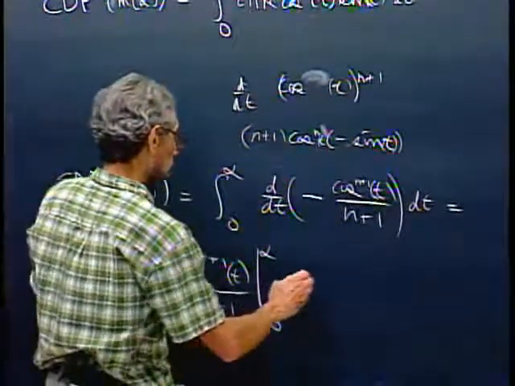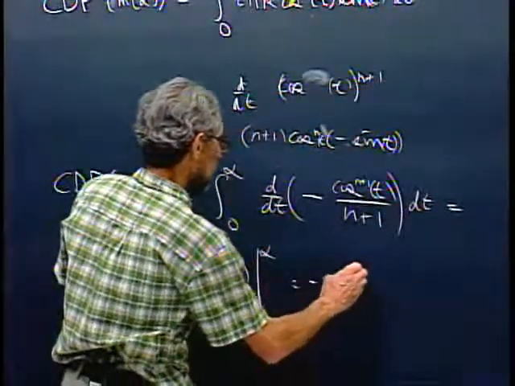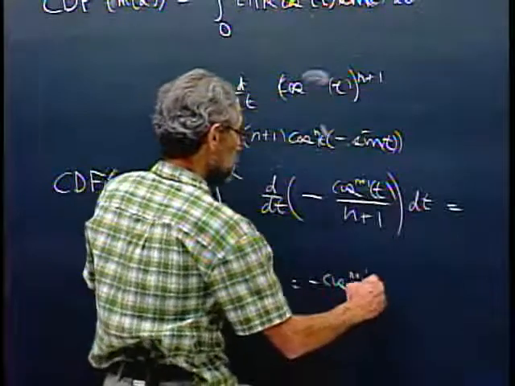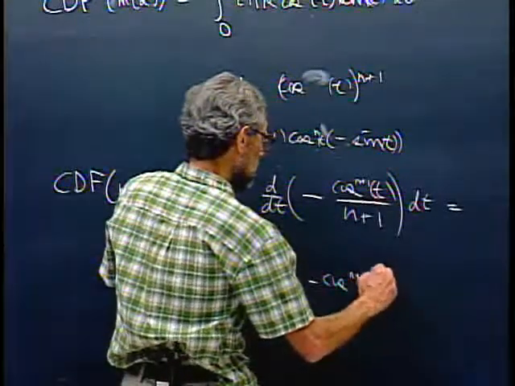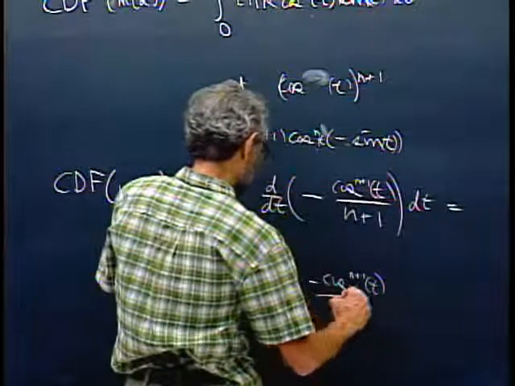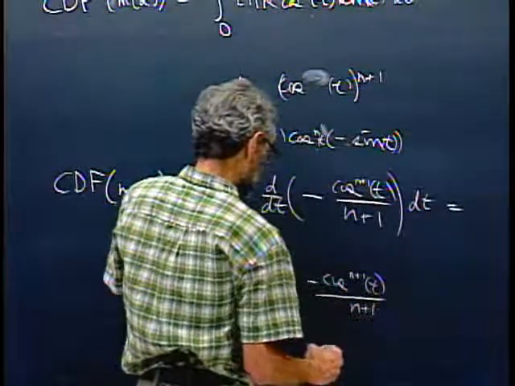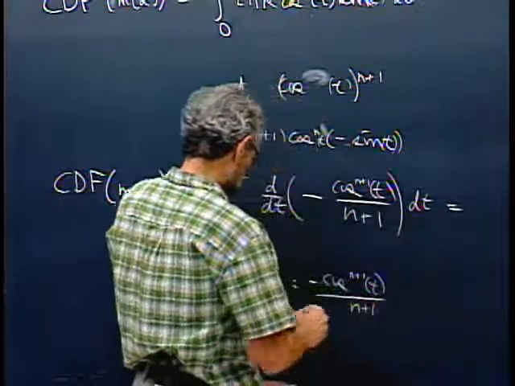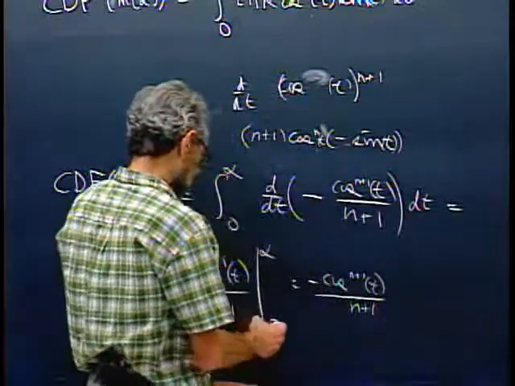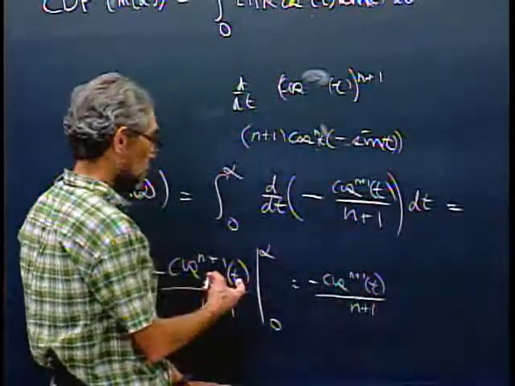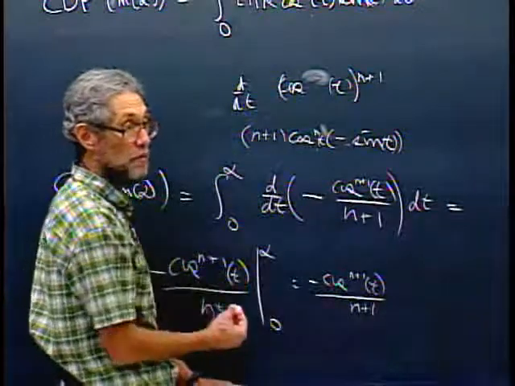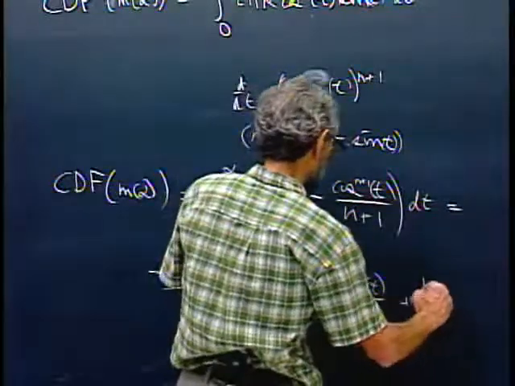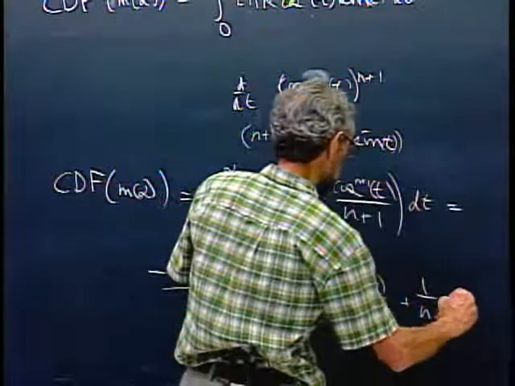So at alpha, it's minus cosine to the n plus 1 t over n plus 1. And at the lower limit, it's minus cosine 0. That's minus of minus 1, that's plus 1 over n plus 1.